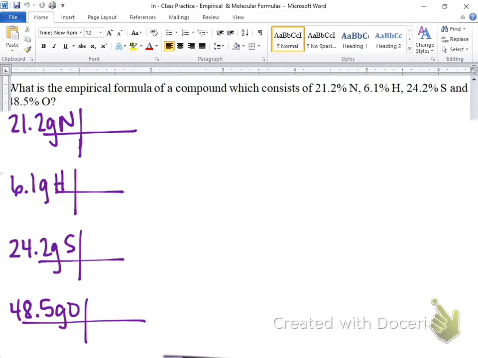Okay, so I'm going to convert each of these from grams to moles. So for each of them, what's going to go on the bottom of my T-chart? The molar mass. And that's going to come right from your periodic table because it's individual elements. So for nitrogen, we'd say 14.01 grams of nitrogen for 1 mole. All right, we're going to do that for all of our elements.